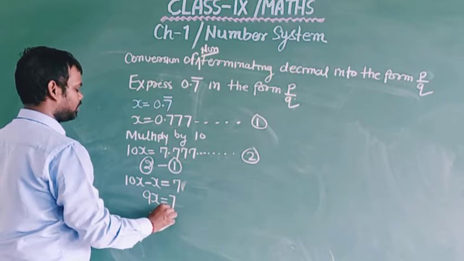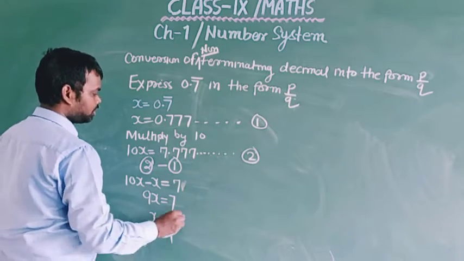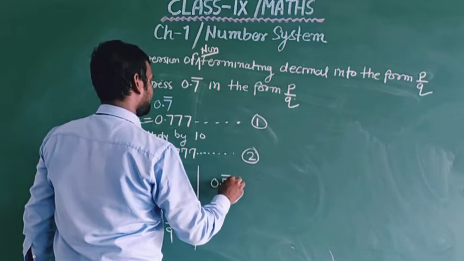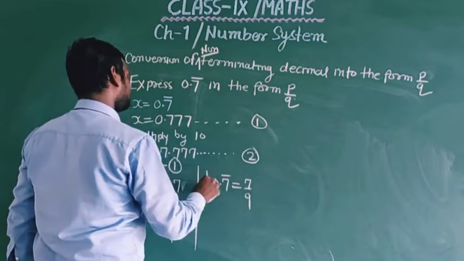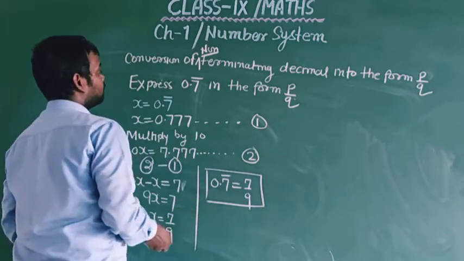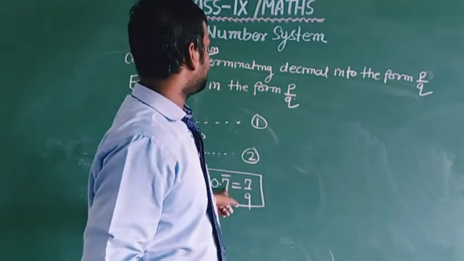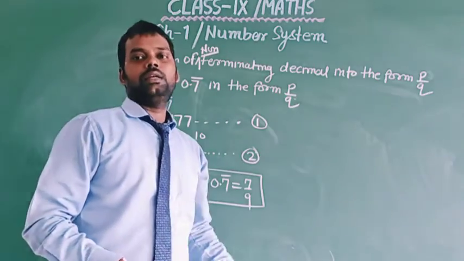This implies x equal to 7 by 9. The value of x is 0.7 bar. So 0.7 bar equal to 7 by 9. The decimal expansion 0.7 bar is expressed in the form P by Q as 7 by 9.